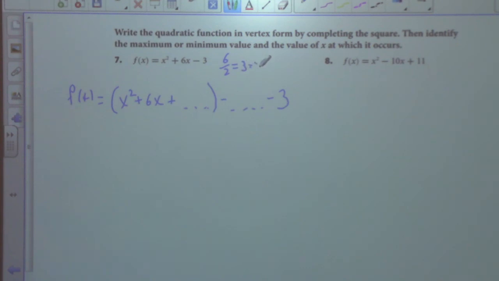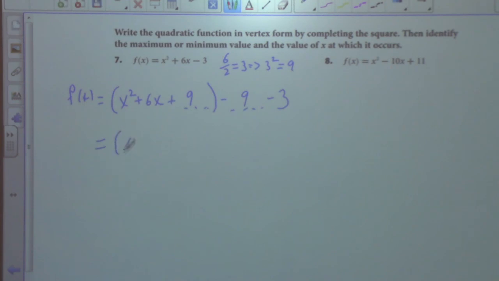And then we take this 3 squared and get 9. So 9 should be the number that completes our square. And if we added 9 over here, what do we have to subtract over here? We have to subtract the same thing we added to preserve the value on the left side.